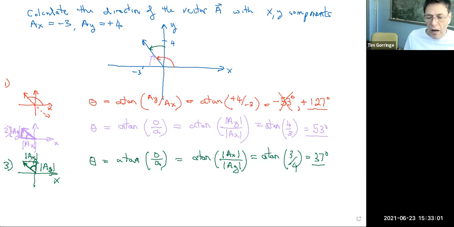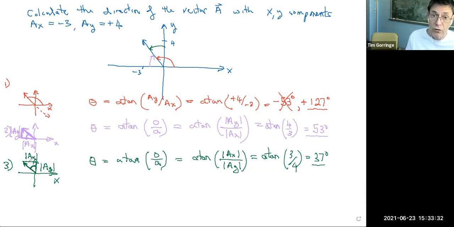So look, I worked through that calculation in quite a lot of detail. I wanted to make the point that when you calculate the direction of a vector from the X and Y components of the vector, you want to be careful in thinking about what direction am I calculating? Am I calculating a direction with respect to the vertical, with respect to the horizontal, with respect to, say, the positive x-axis?